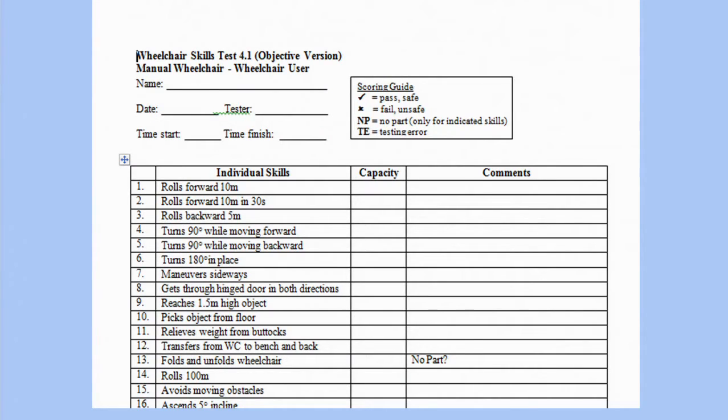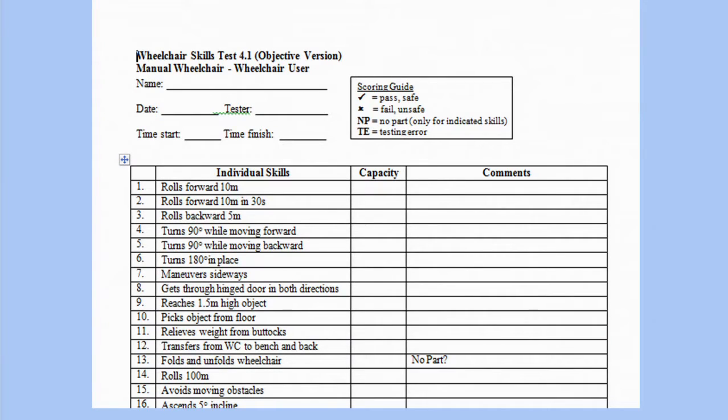But so the rolling forward 10 meters, rolling backwards, turning 90 degrees, turning 180 degrees in place, maneuvers sideways, or gets through a hinged door. Now these are not power assist tests, it's manual wheelchair skills, but that unit is a part of the manual chair now. Gets through hinged doors, reaches for an object that's above them, looking at dynamic balance, picks objects up off the floor, relieves weight from their buttocks.